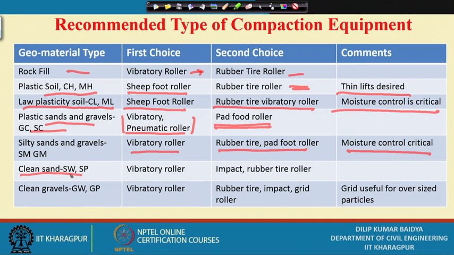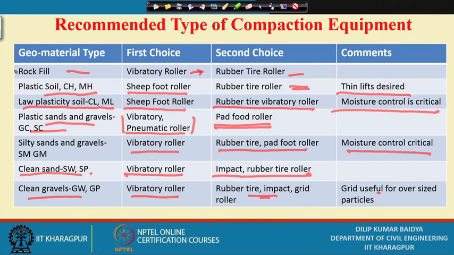For clean sand, SW or SP, again vibratory roller, and impact and rubber tire rollers can also be used, which we have not discussed yet. For clean gravels, again vibratory roller, then rubber tire roller and impact grid roller; I have not discussed some of these, so I will not discuss this comment much here.